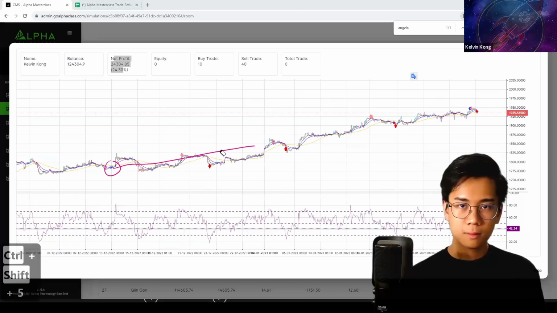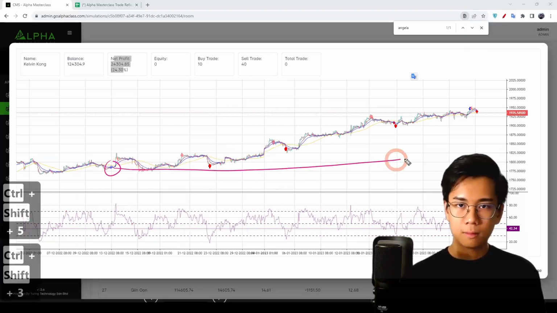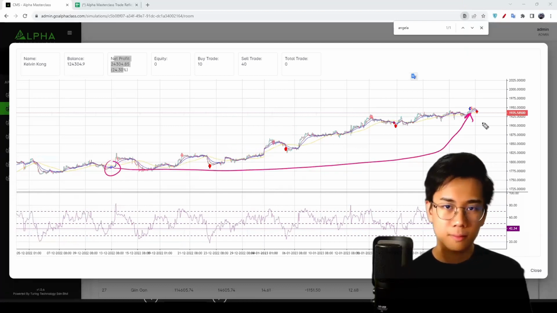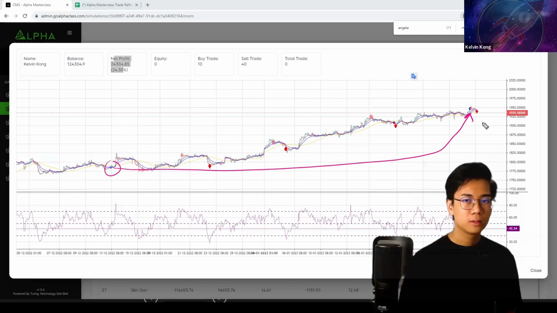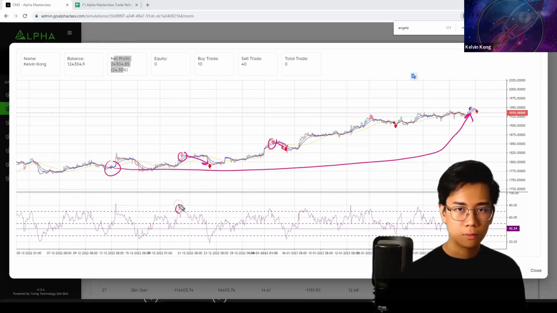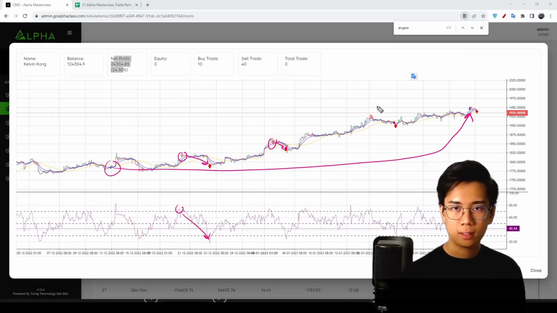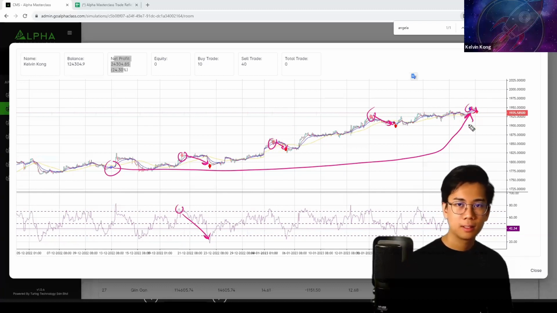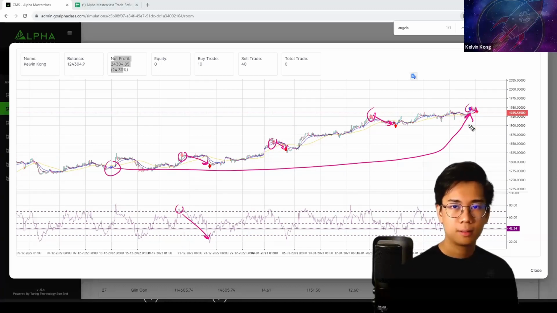So I just bought a long position and then just hold it lah. In between, I go short whenever the stochastic is at the top, from here to here, here to here. And the long position, I just hold lah.